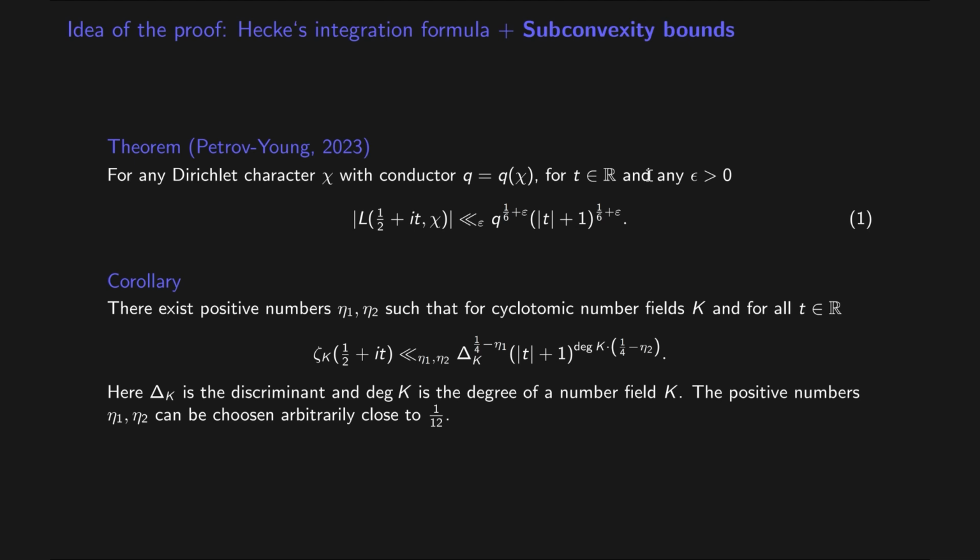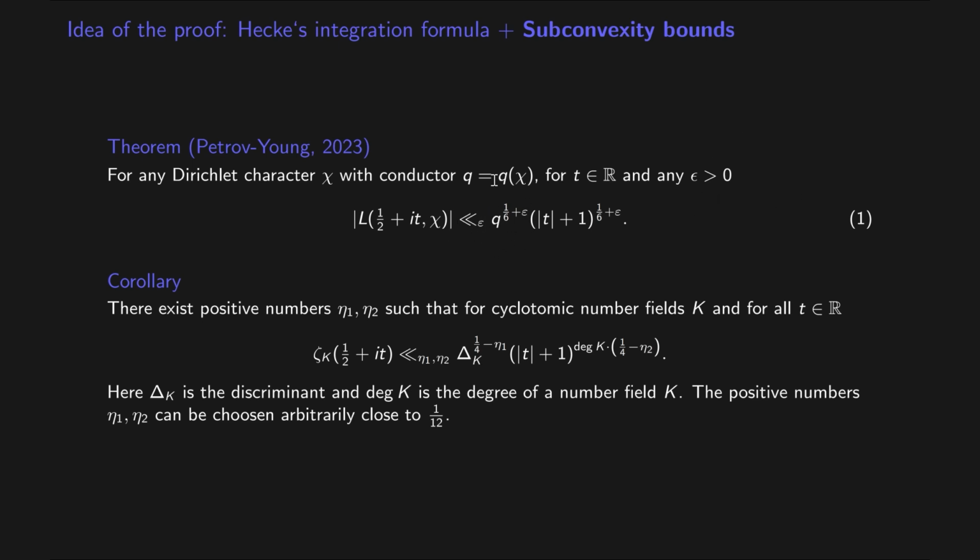And so what we were using in our work is the following theorem by Young and Petrov, where they prove a bound for the value of Dirichlet L functions on the critical line. The bound depends on this positive number epsilon.